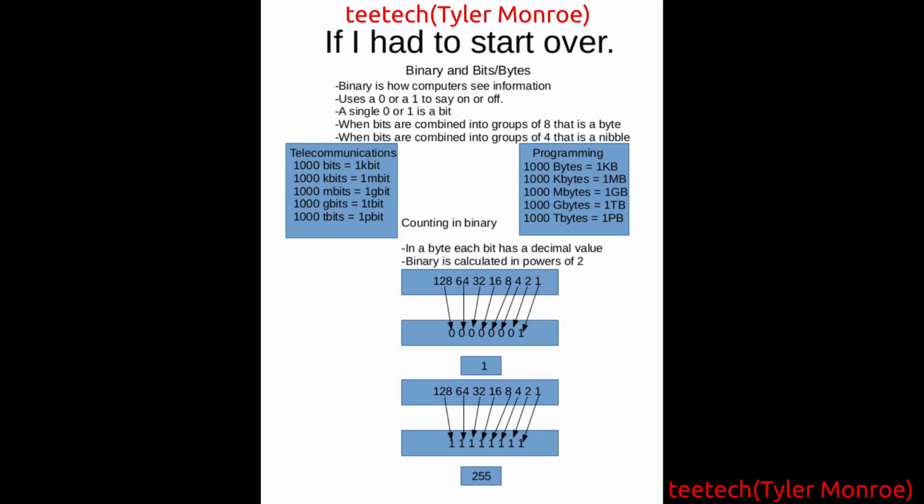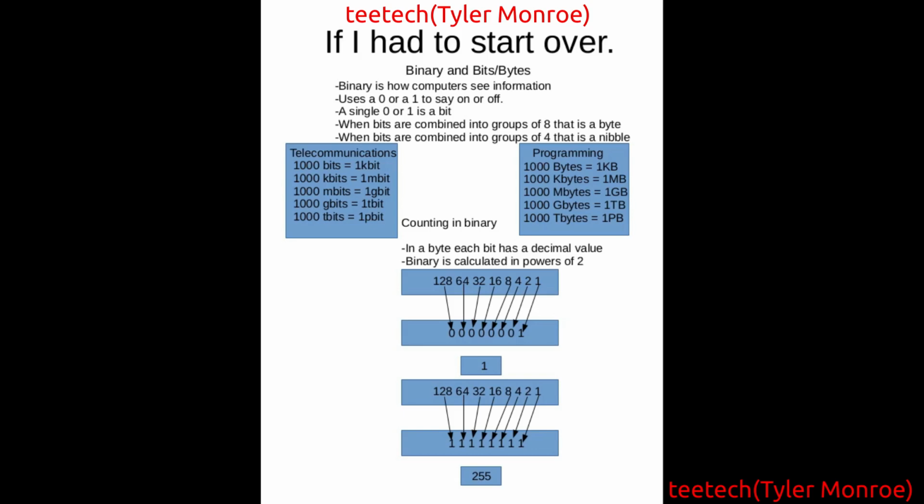Another fun one that isn't talked about hugely is when bits are combined into groups of 4, that is a nibble. I just mention the word nibble because you don't usually see it all the time, and it threw me the first time I saw it too. But anyway, 8 bits is a byte, 4 bits is a nibble.